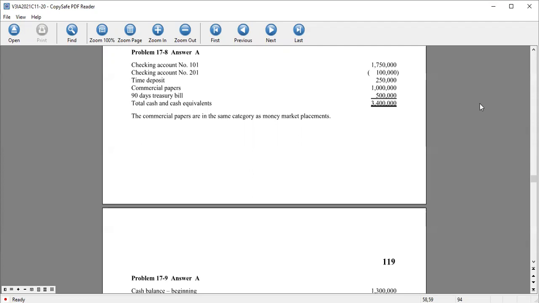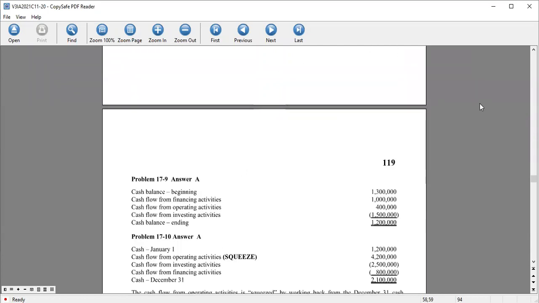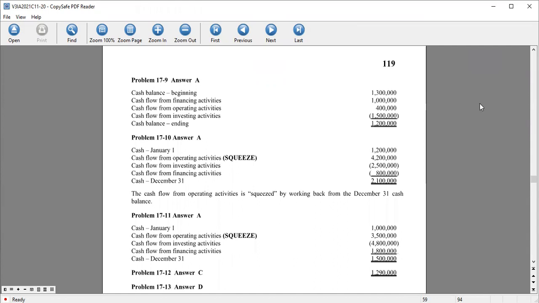That's letter A. Then we go to 17-9. The question is the amount of cash reported at the end of the current year. We have now the cash balance beginning, then cash flow from financing, 1 million.